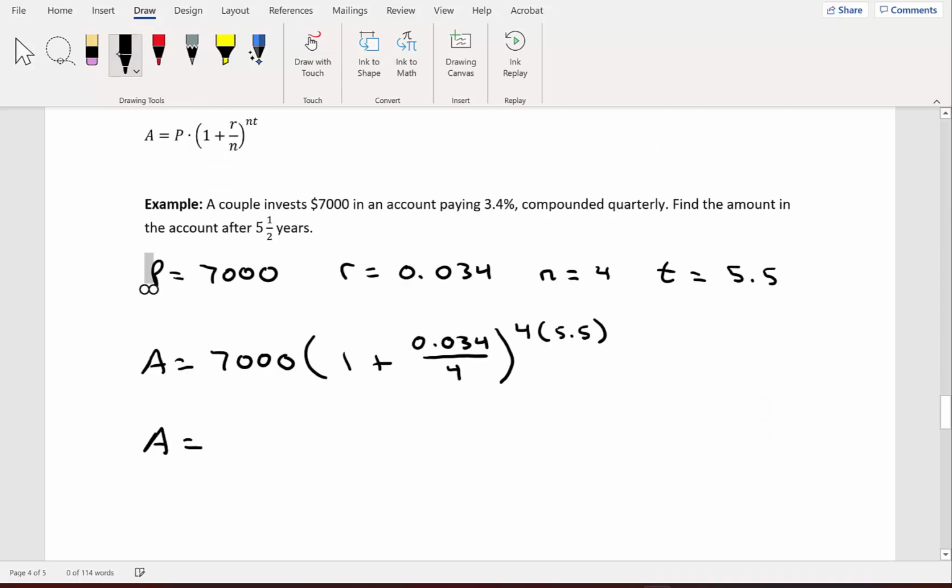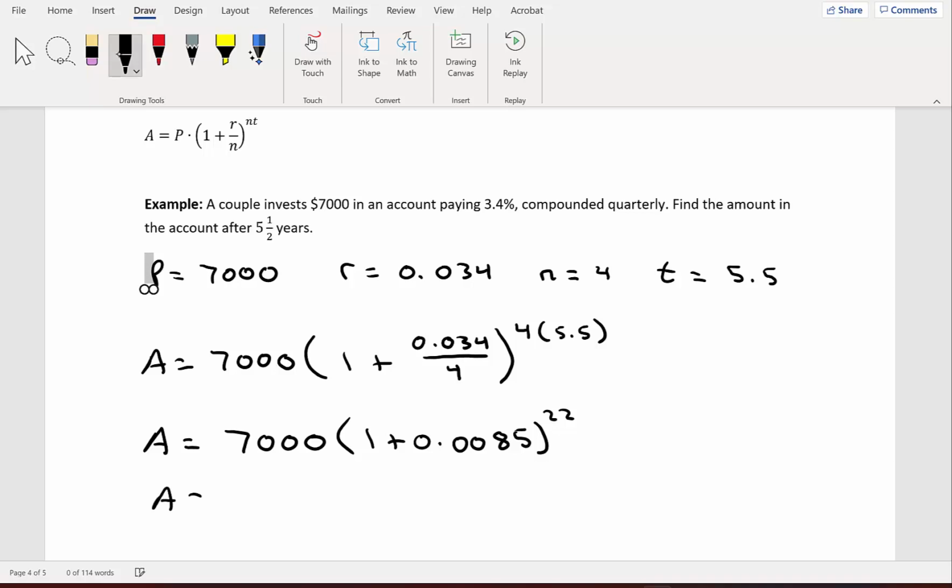A is equal to 7,000 times, let me divide 0.034 by 4, we get 1 plus 0.0085, raised to the 4 times 5.5, which gives us 22.